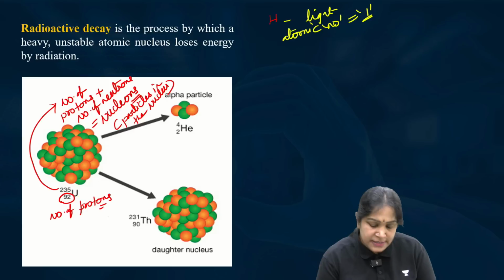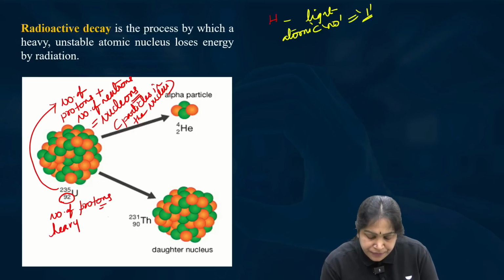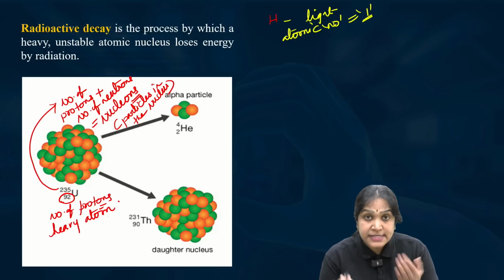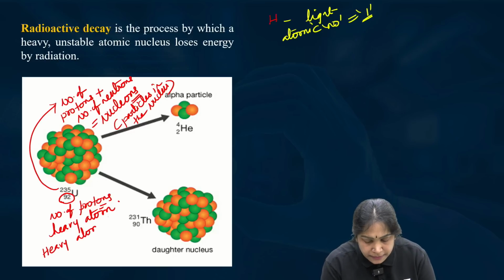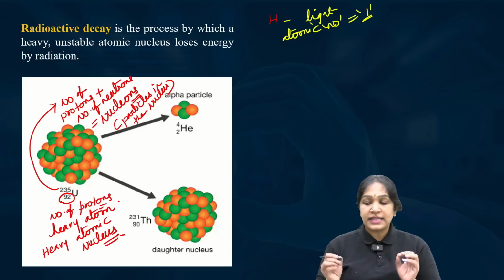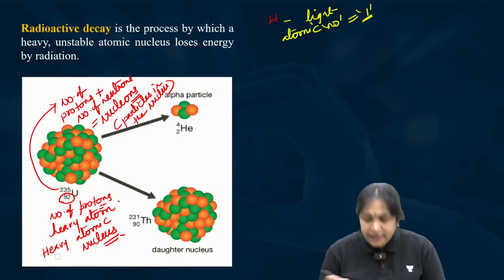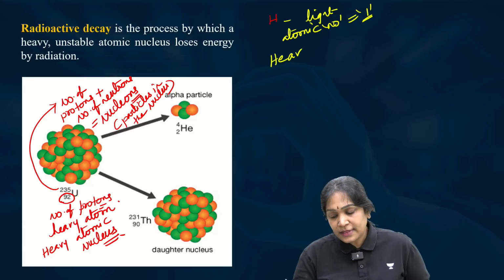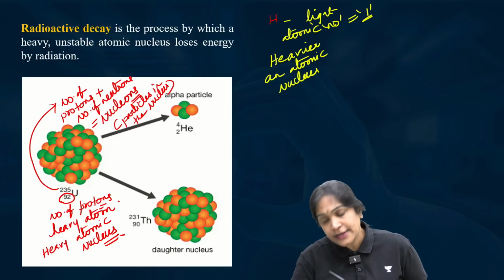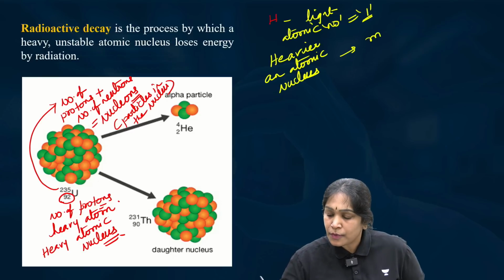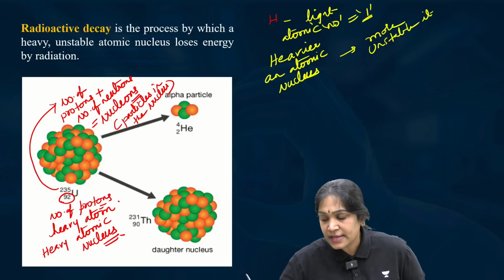This is a heavy atom and its nucleus will be a heavy atomic nucleus. Now, listen carefully, the heavier an atomic nucleus, the more unstable it is. Is it clear?